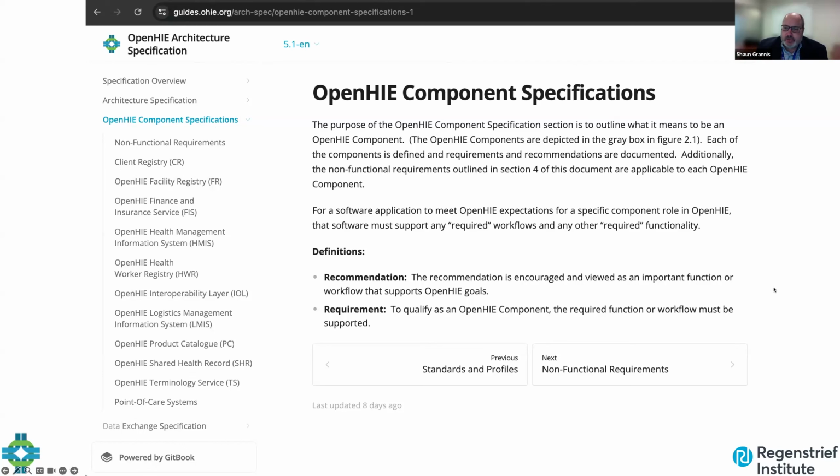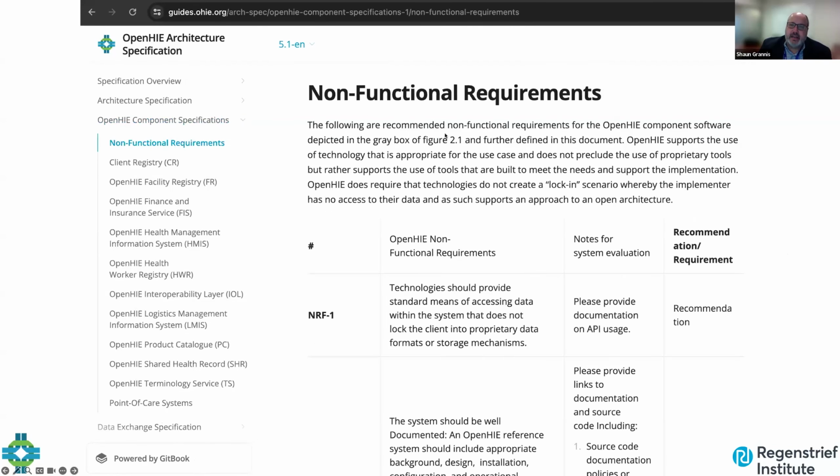But I do want to point out, when we're thinking about the specifications or functionality of a given component like the client registry, there are not only functional and technical specifications, but there are also non-functional requirements. And we've laid out non-functional requirements independent of all of the components, because many of the non-functional requirements cross boundaries in the components.